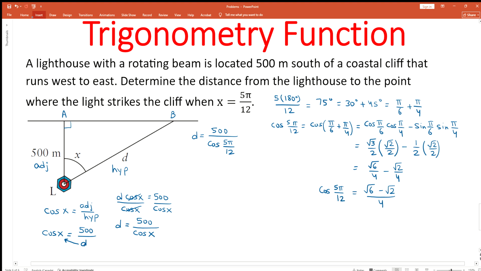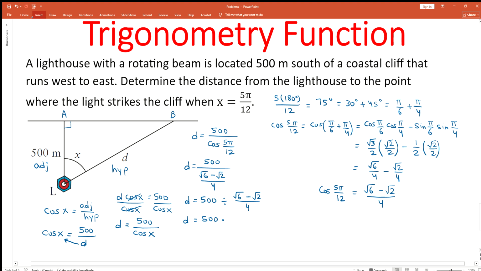We can use this value in the equation for d. I get 500 over square root of 6 minus square root of 2 over 4. Next, we can simplify this expression by writing it as a division statement. Next, we can change this division statement into a multiplication statement.